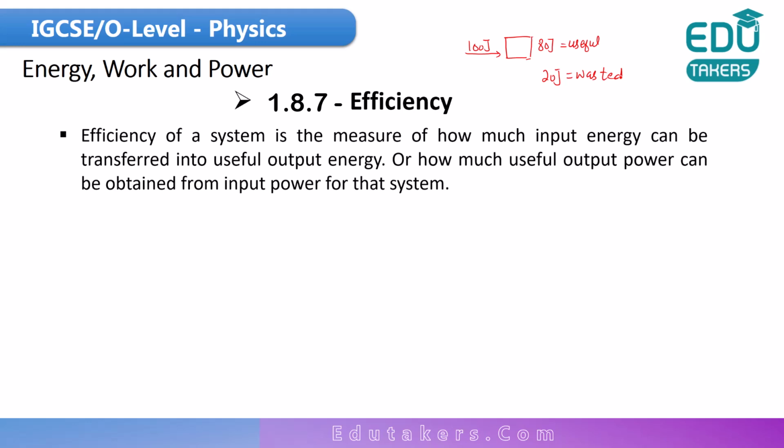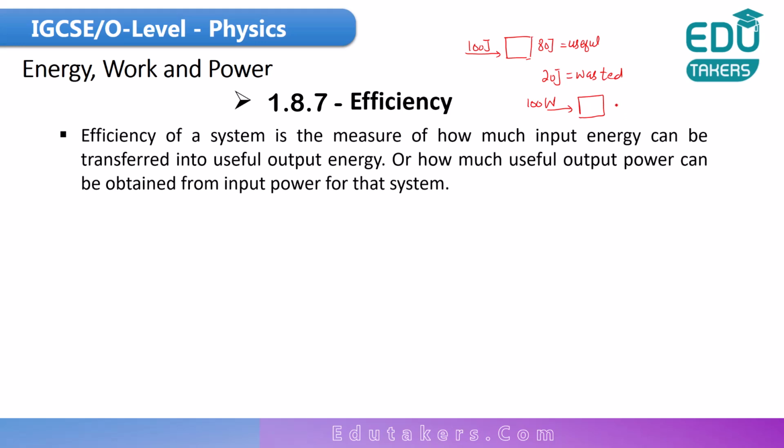I can also talk about the efficiency in terms of power instead of energy. Again, I consider here an object and I suppose that the input power is 100 watt. Then a small amount of this input power is converted into output power and some is wasted.